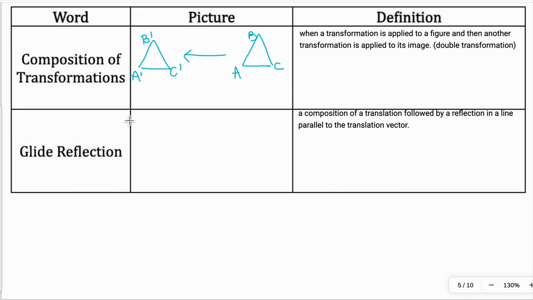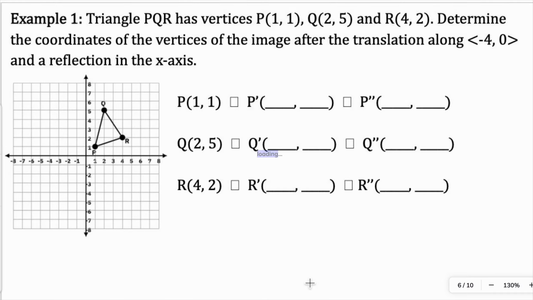Then we're going to show a reflection, maybe over the x-axis, so that we would have A double prime, B double prime, and C double prime. So just make sure you're noting the primes and the double primes, okay? So we're going to see some of those today. Let's go ahead and get started with example 1.